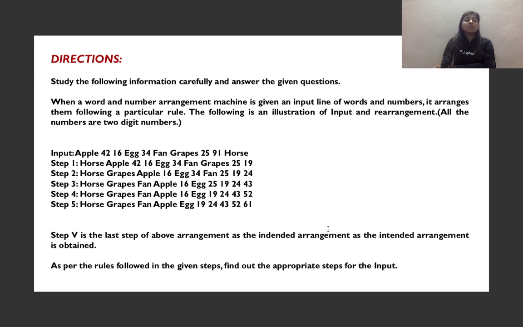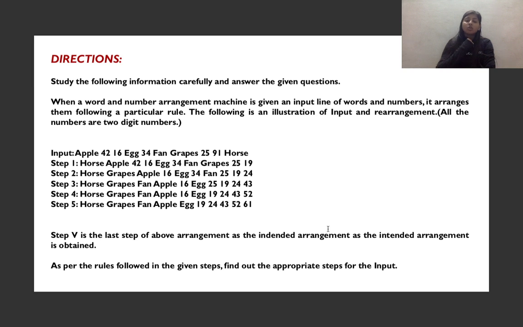And about the words, it's horse, grapes, fan, apple, egg. It was going in reverse alphabetic order, H, G, F. But then if they would have given E and A, it would have been fine. But why A and G? Horse, grapes, fan, but then apple and egg.